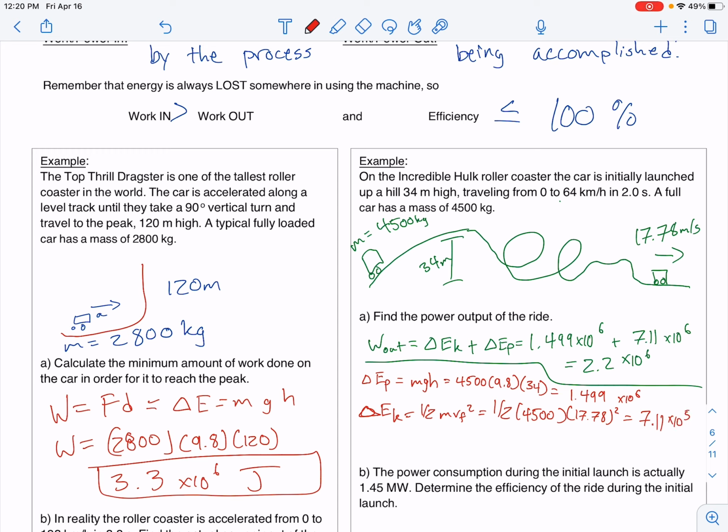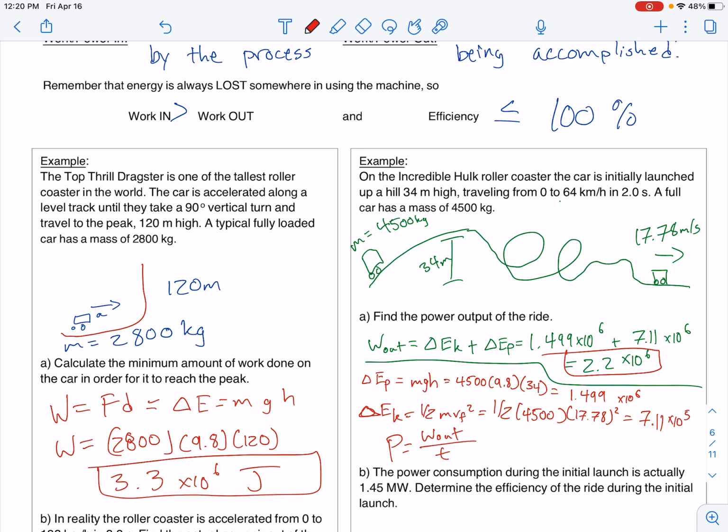So that's where I'm getting that. If you need a reminder of how to get those numbers, that's how it was.